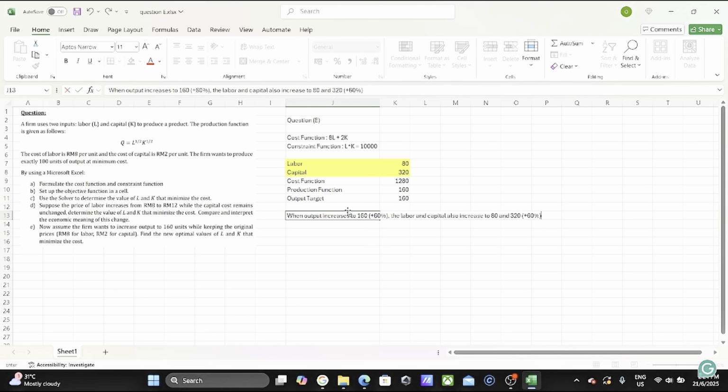So this indicates that the firm has constant returns to scale.